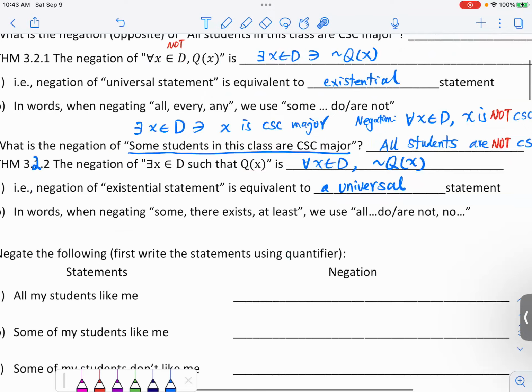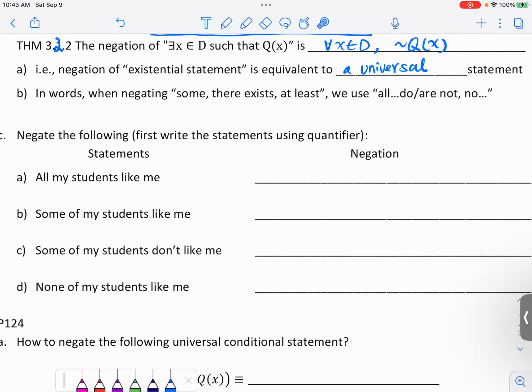That's always a good strategy because it will be precise and there will be no misunderstanding when you find the negation.